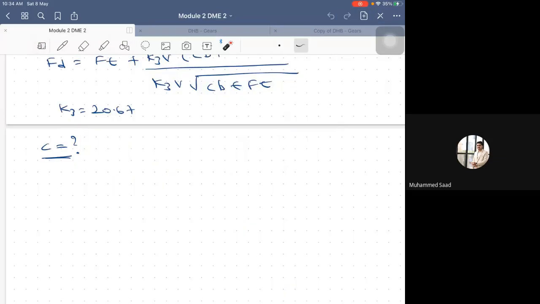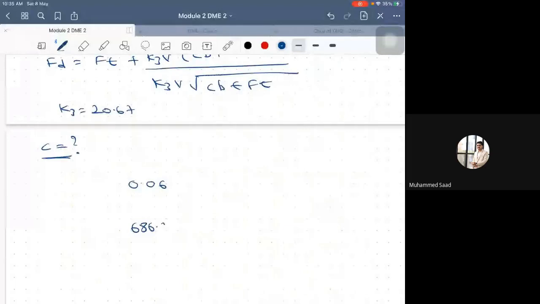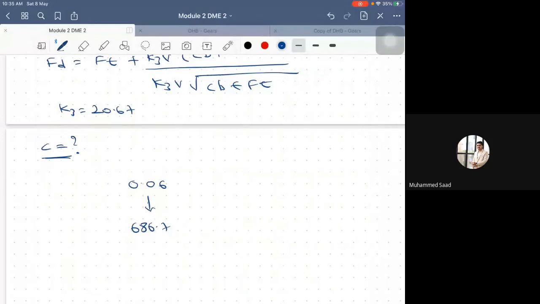For 0.06 it is 686.7. And for 0.08 it is 915.6.